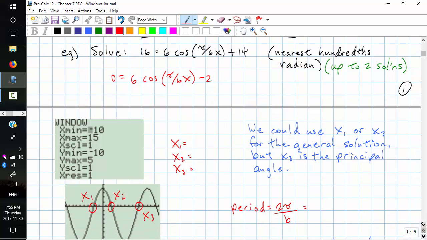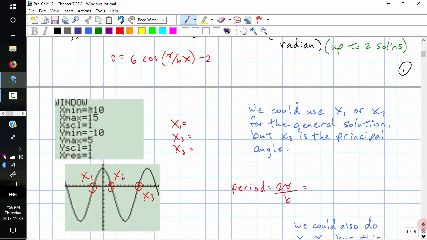This time we're in radians, so we want to change our window a bit. I've already graphed it for you. x1 is negative 2.35. x2 is 2.35. x3 is 9.65. If we calculate the differences, we get 4.7 and we get 7.3.